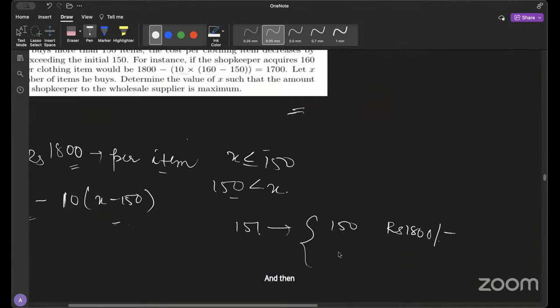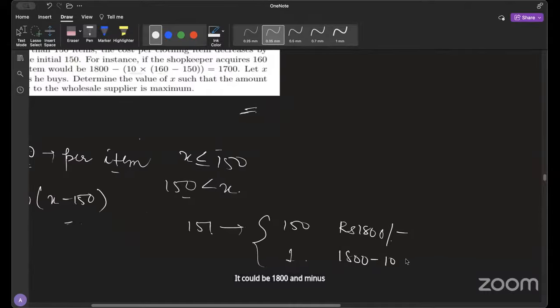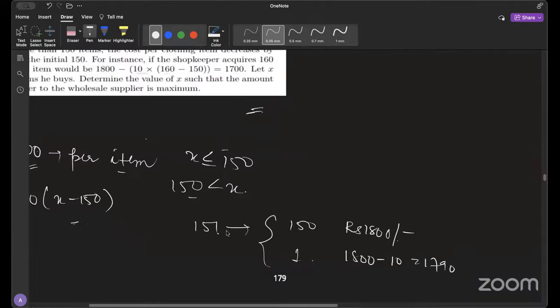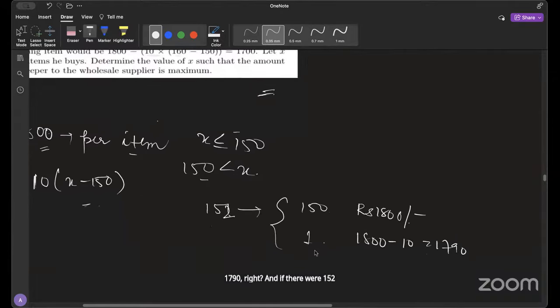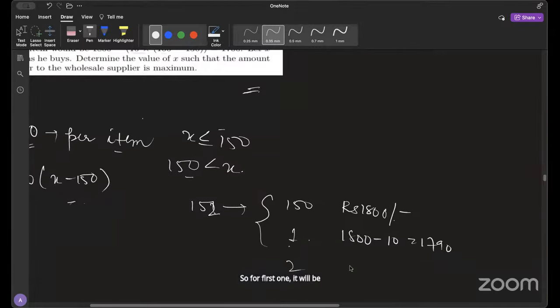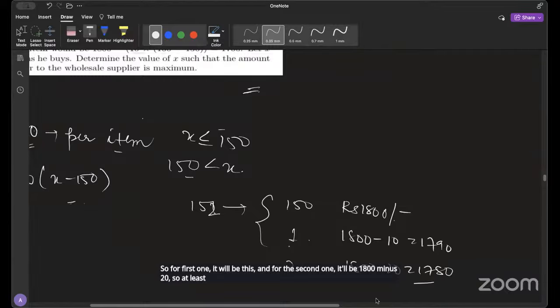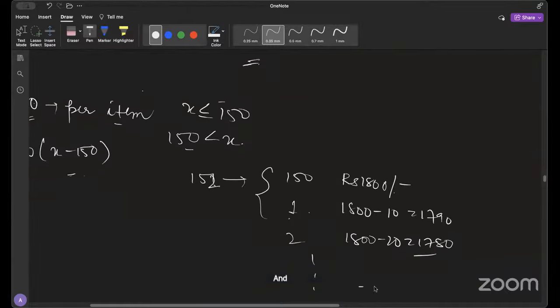And then for the one item left, it will be 1800 minus 10, so it will be 1790, right? And if there were 152 items, for the first one it will be this, and for the second one it will be 1800 minus 20. So it will be 1780. And then it keeps decreasing like this.